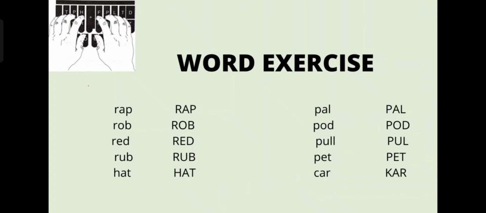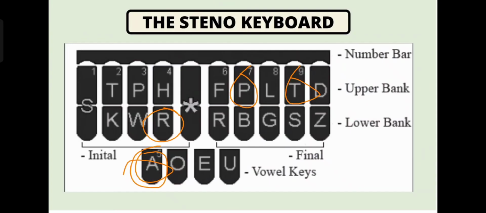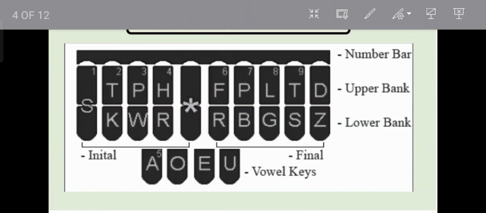For example, we have pet. We will be pressing letter P here, E with your right thumb, and T with your right middle finger. Press that together. That's pet. Okay? I hope that you are really practicing with your stenographic keyboards, because we will no longer practice home key positioning and individual letters once the prelim comes.